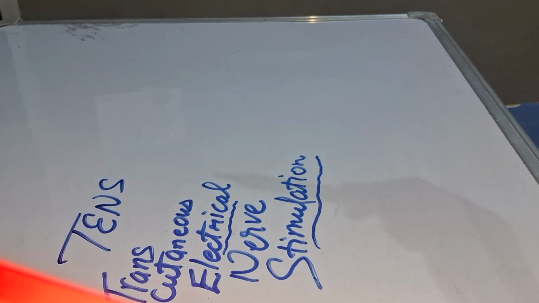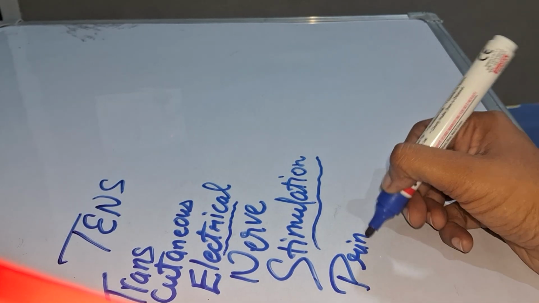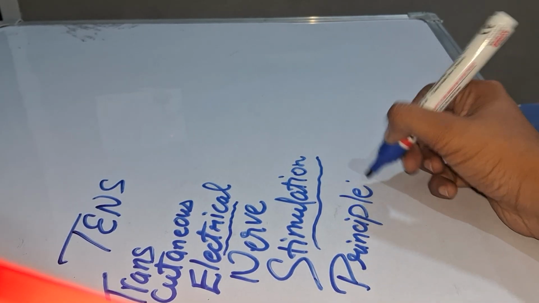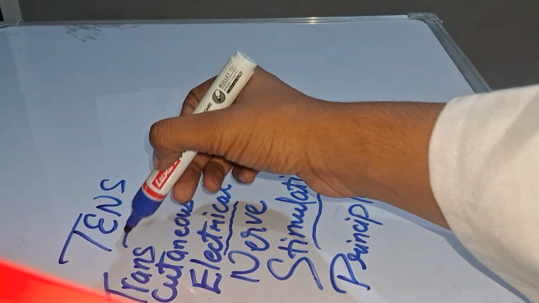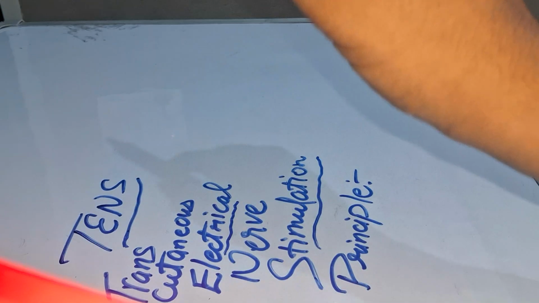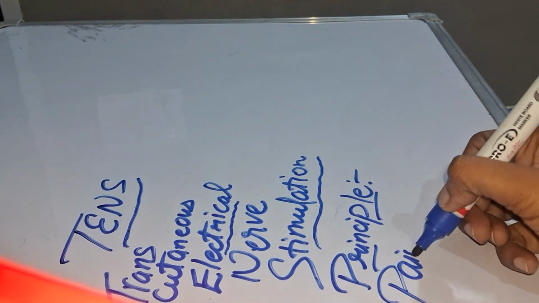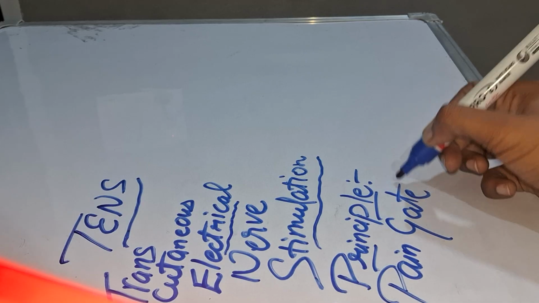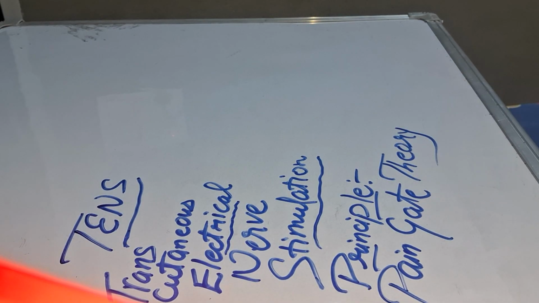But in today's lecture, we are going to focus on the principle. This modality is totally based on the principle. The principle is the pain gate theory, or pain modulation theory, or pain gate control theory, you can say.